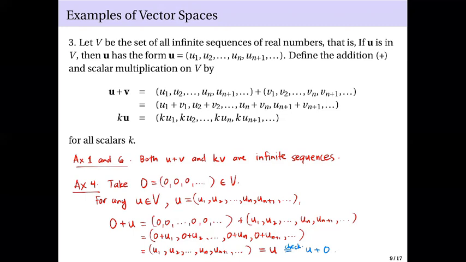The property is that this must be equal to u, and this must be equal to u. So that's how you verify axiom 4. And for the rest of the axioms, try to verify them yourself.